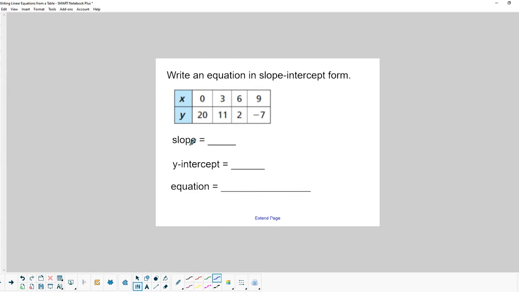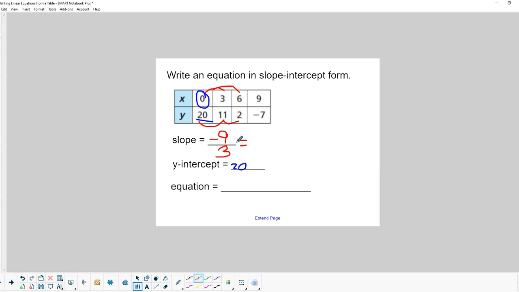So we do the y-intercept first again. So when x is 0, our y-intercept is 20, right? That's a pretty big y-intercept. All right, so let's look at the change in y to go from 20 down to 11, and from 11 down to 2. That's a drop of 9. And then the change in the x direction is a jump of 3, or an increase of 3.